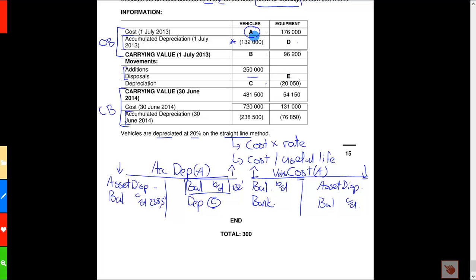Let's quickly look at the vehicles. We know the opening cost for vehicles is amount number A, that's the amount we're looking for. We know the closing cost for vehicles is 720,000.